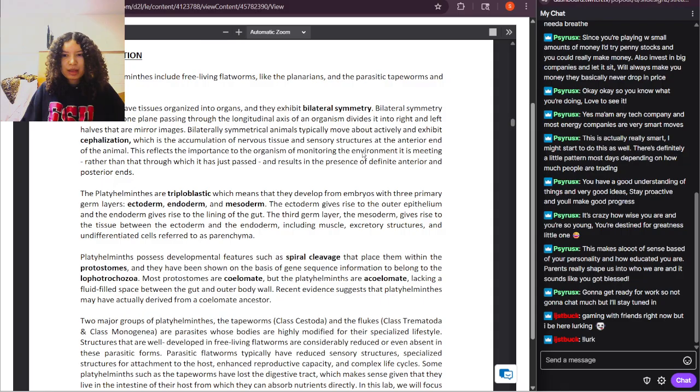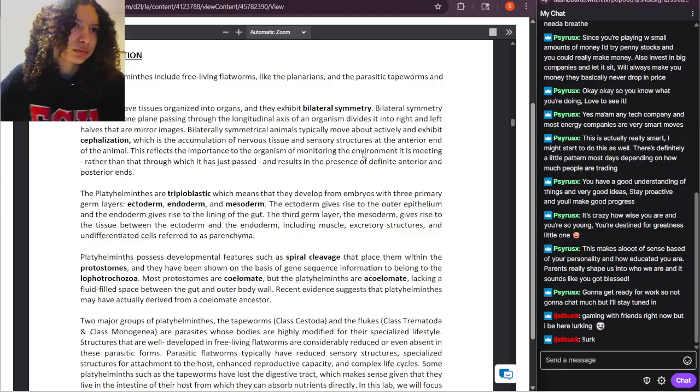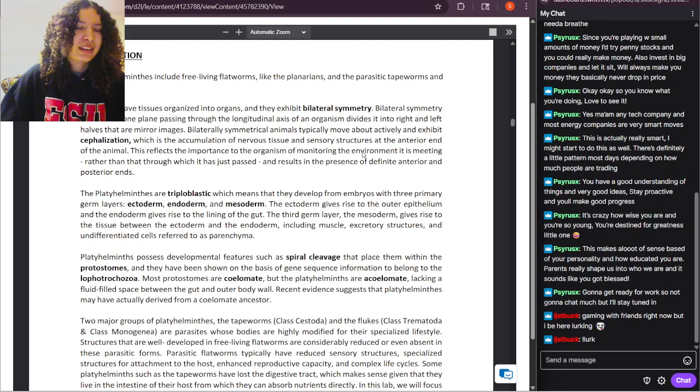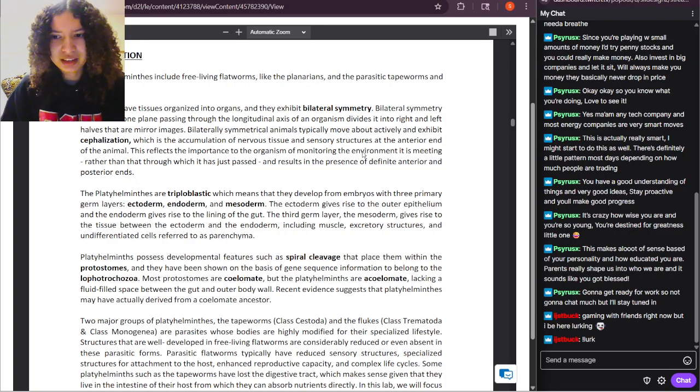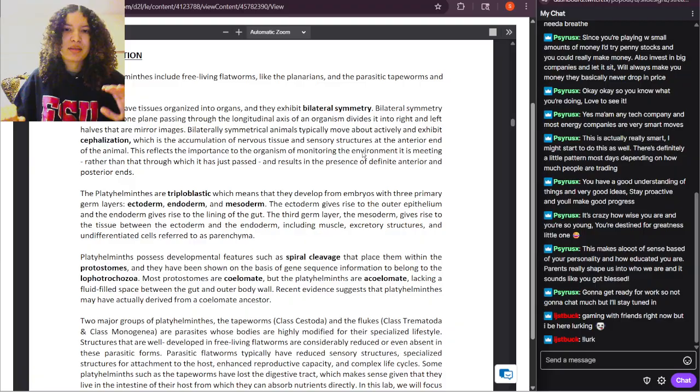Just like if humans are the same on both sides, if you had 2 sides of a human, there would be 1 arm and 1 leg on one side, and 1 arm and 1 leg on the other side. You get the point. That's bilateral symmetry.